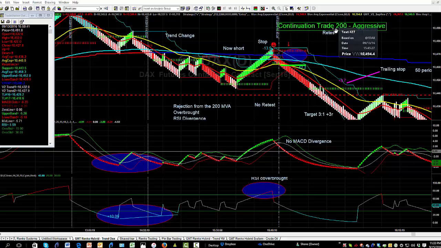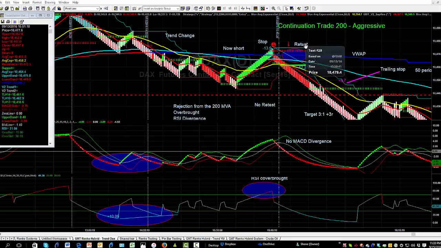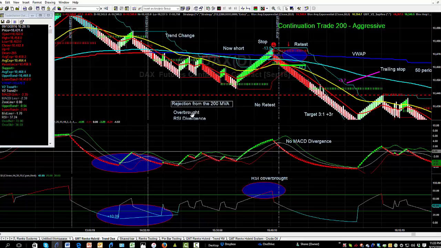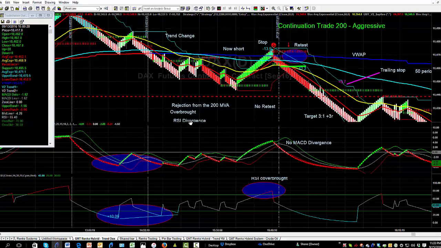What we don't have though is a retest of this level. So when we look at taking a trade off the 200 period moving average, we need to see all of these things lining up. We need to be overbought, we need to see divergence previously set up, we need to see our dynamic resistance set up, we need to see price pushing back below the 200 period moving average, and ideally we want to see some divergence.